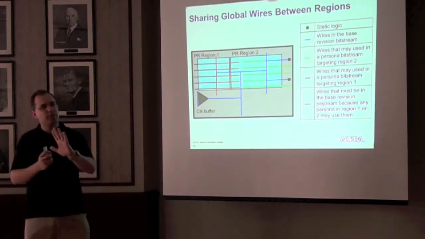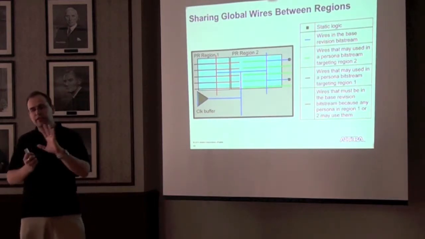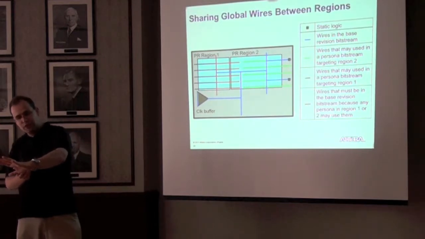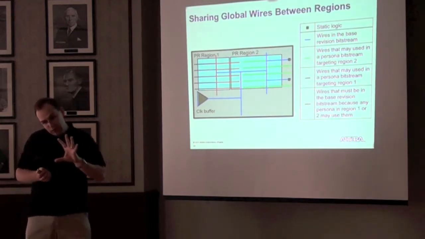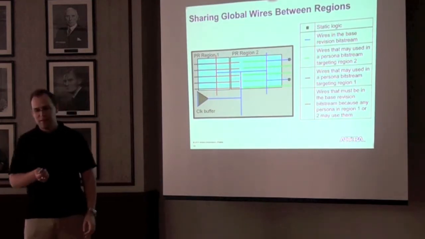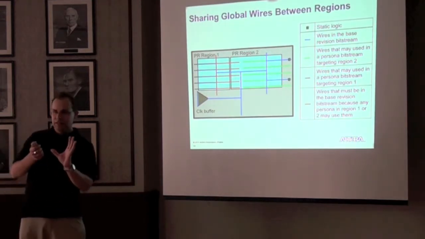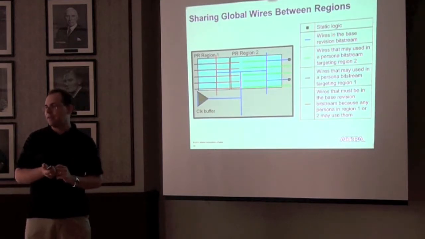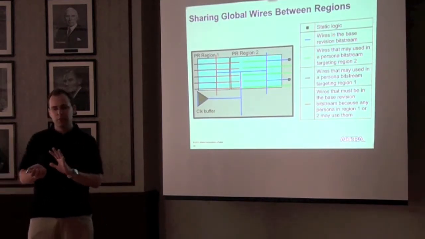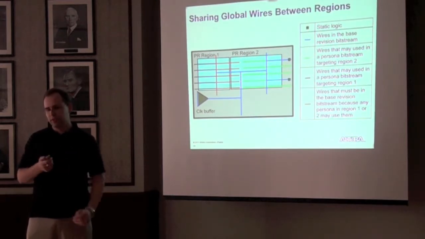Because based on the ordering of the PR commands, you can't assume that PR region 2 doesn't own those wires, so you need to ensure that they exist all the time. Perhaps a complex example, but it is one of the things that Quartus handles automatically, and a warning to say why sharing global resources between regions is somewhat dangerous.